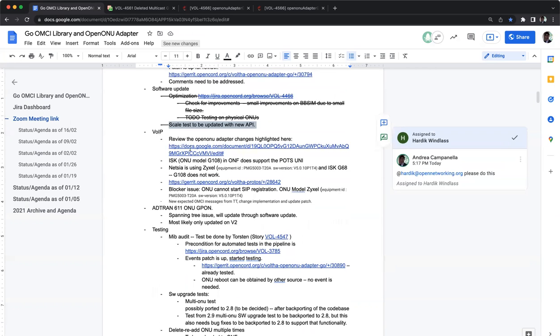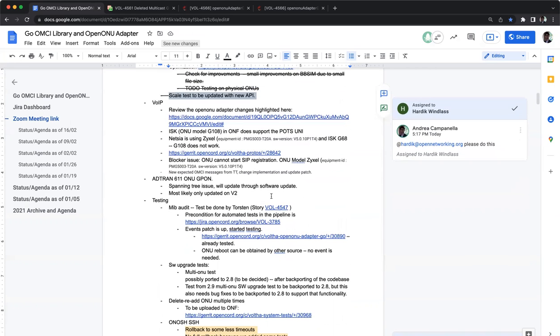We said that there's no update on VoIP, but is there any update on the 611 ONU, Holger? Yes, today I arranged an online debug session with the Chinese colleagues from ONU development for this Friday, because it seems that the symptoms I sent are not sufficient to find the root cause of this error.